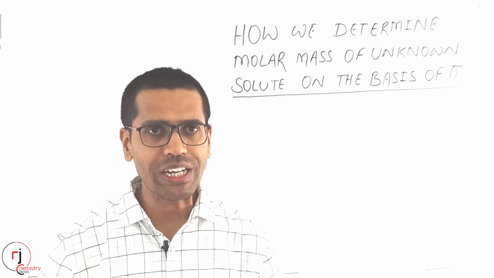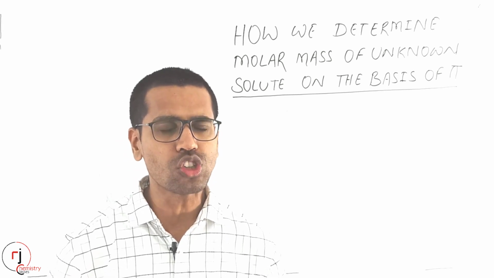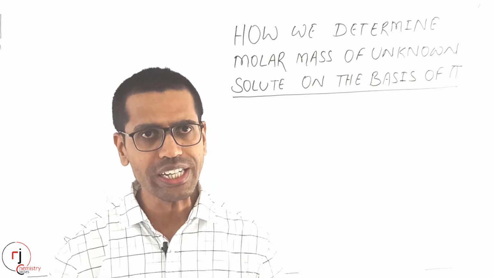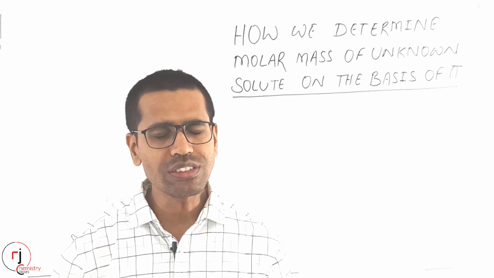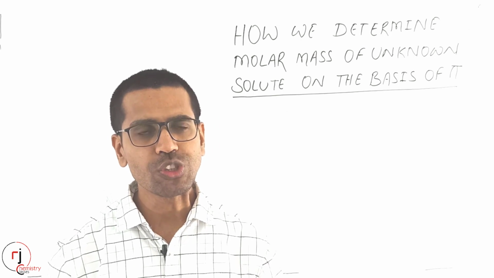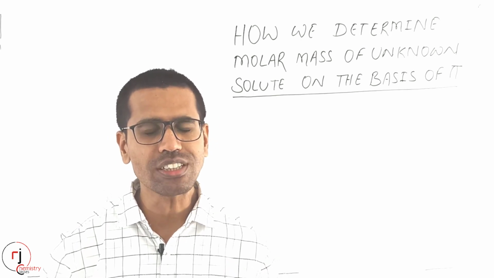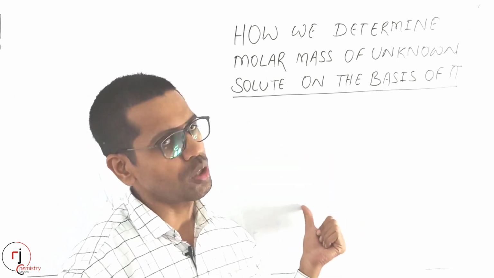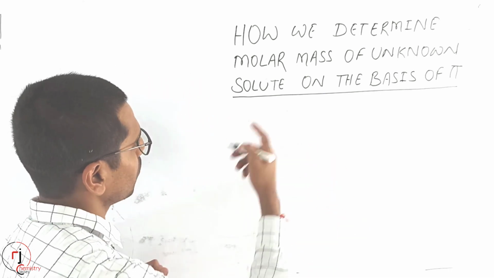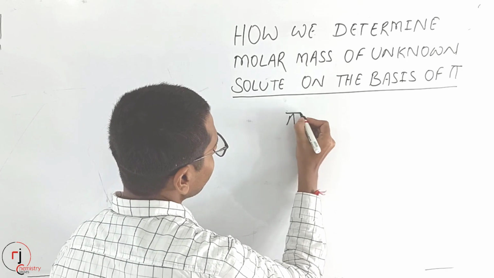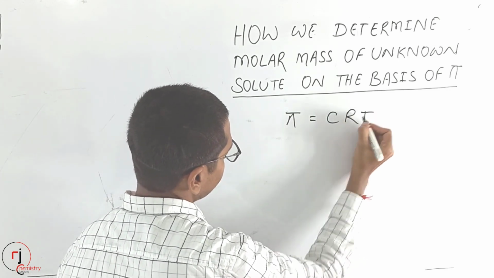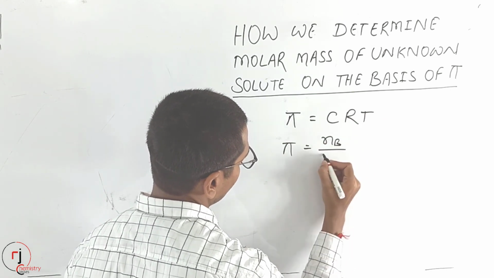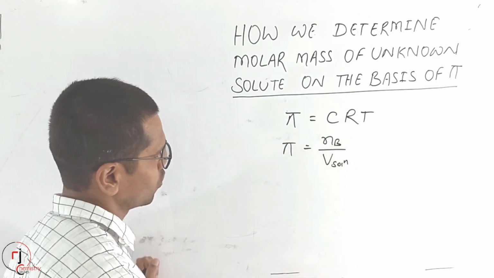How can we determine the molar mass of an unknown solute on the basis of the osmotic pressure method? If we are given some unknown solute and we have to determine its molar mass, we can do it by a formula developed from here. We know that pi equals CRT. C is the number of moles of solute divided by volume of solution.